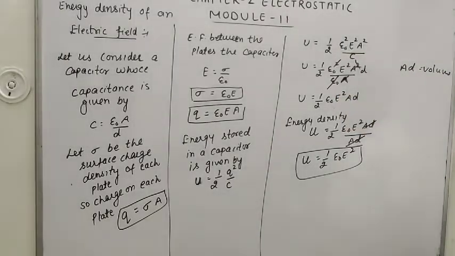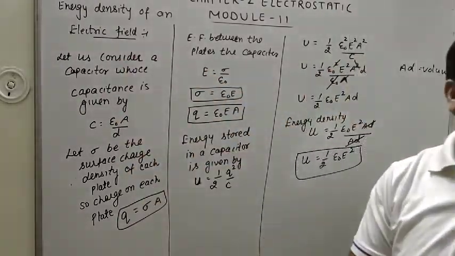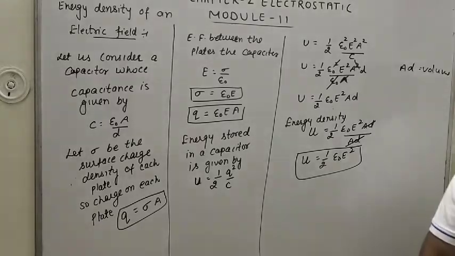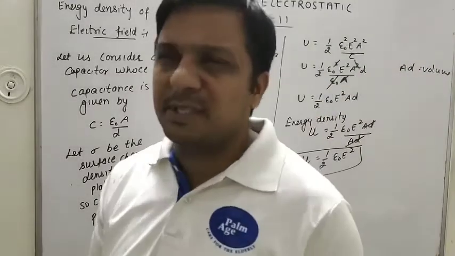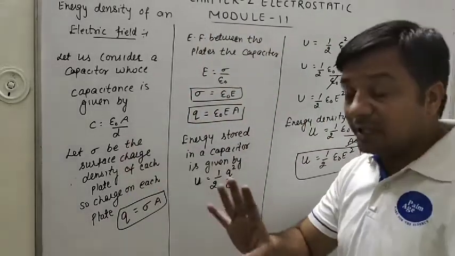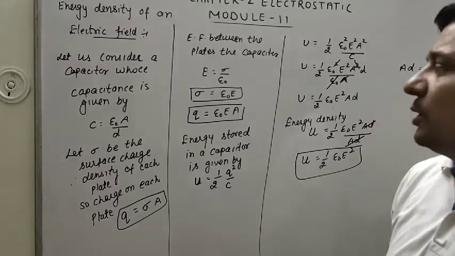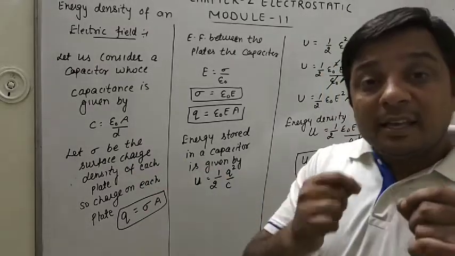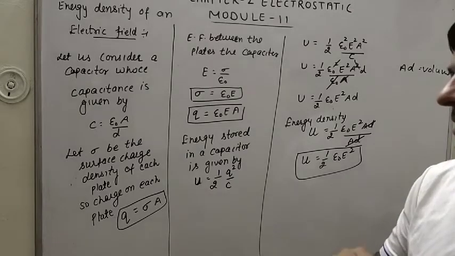So again I recapitulate this topic. Energy density of an electric field. Let us consider a parallel plate capacitor, simple any capacitor, but here we need a parallel plate capacitor because the capacitance is given by C is equal to epsilon naught A by D. A is the area of each plate of the capacitor.